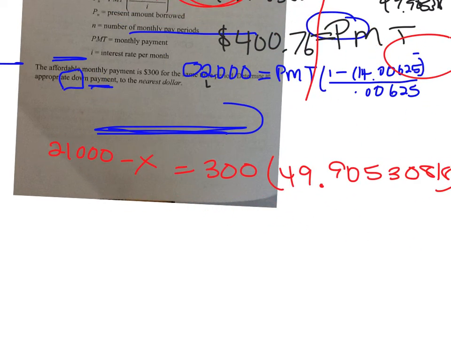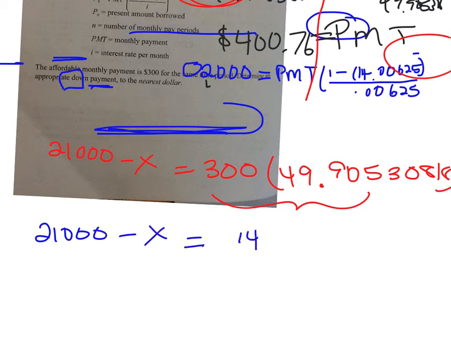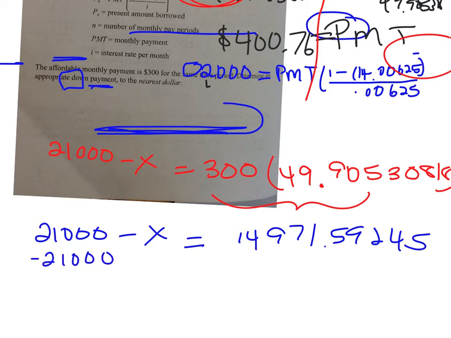Okay, so I'm going to multiply this together here. So 300 times 49.905 and so on. So that's 21,000 minus the down payment equals 14,971.59245. And then I'm going to subtract 21,000 from both sides.